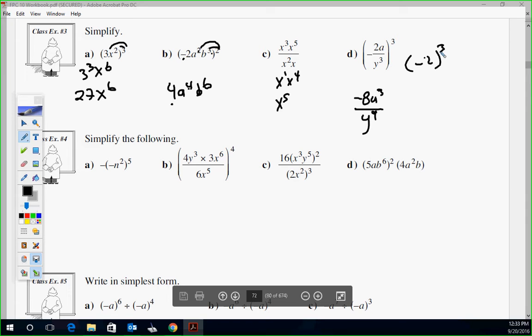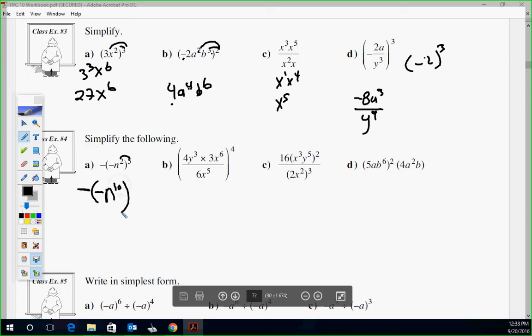Mr. Stanich, how about A? N to the power of 7. So it's going to be a negative no matter what. Inside's a negative, and it should be n to the 10, right?